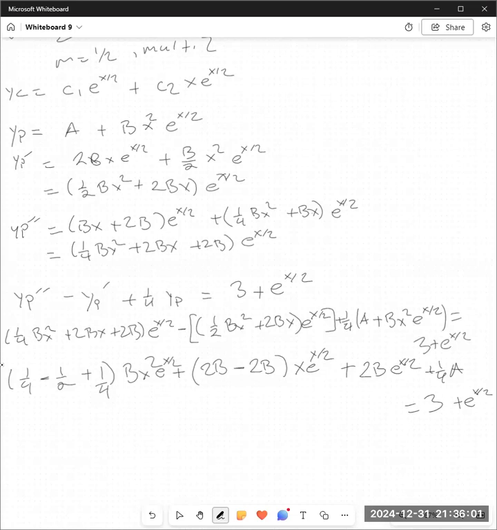So 1/4 and 1/4 is 1/2, and 1/2 minus 1/2 is 0, so that all zeroes out. 2b minus 2b zeroes out as well, leaving me with (1/4 a plus 2b) e to the x over 2 equal to 3 plus e to the x over 2.